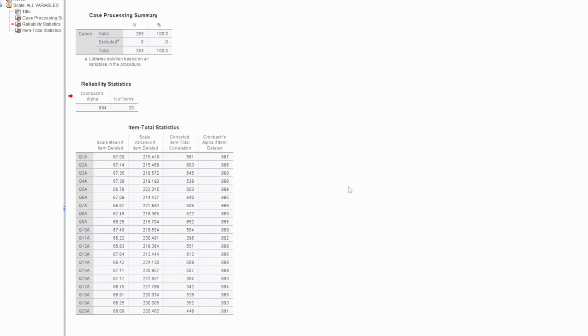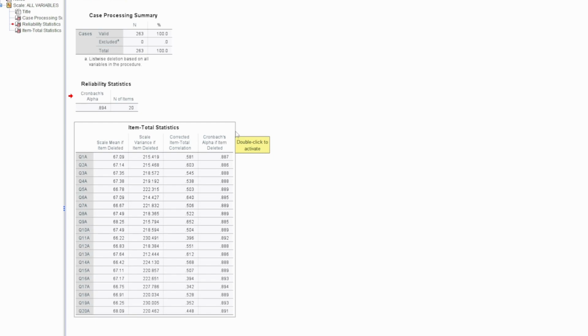So what I meant by Cronbach's alpha if deleted, so you can see if question 1 was deleted, the Cronbach's alpha would be 0.887. If question 19 was deleted, it will be 0.893. So really there's not much variation in terms of if a specific item was deleted.